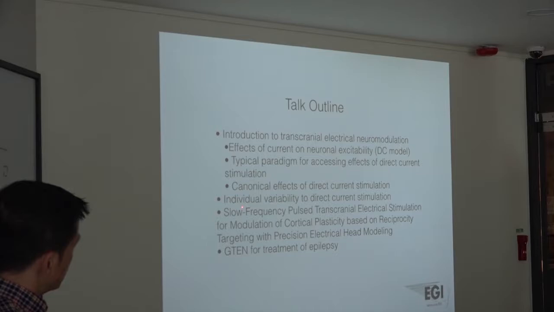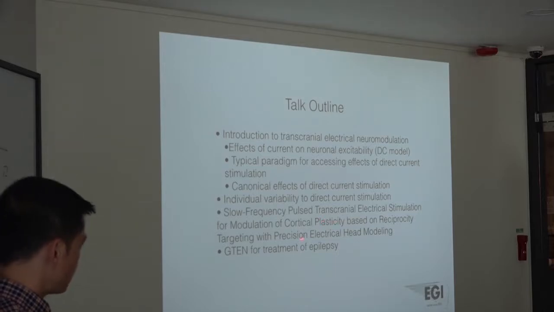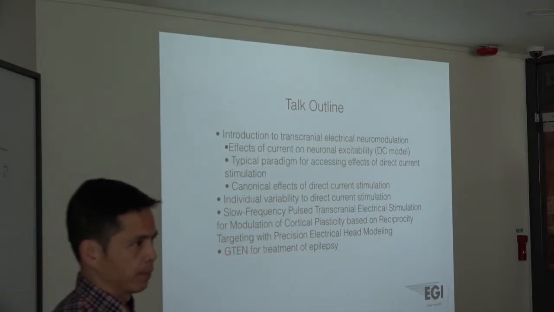And then I'll show you how we use GTEN and a pulse protocol of GTEN to change cortical excitability. And then briefly, in one slide, show how we also use GTEN for the treatment of epilepsy.